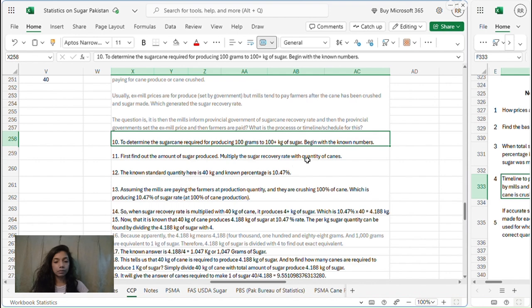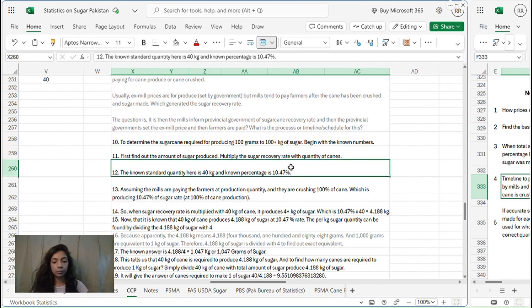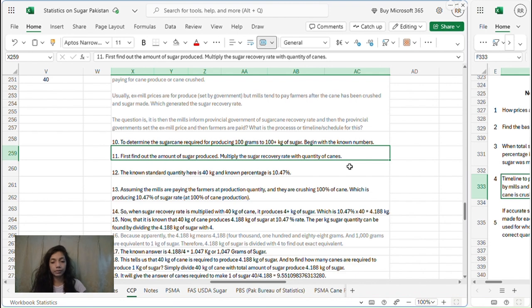First, find the amount of sugar produced by multiplying the sugar recovery rate with the quantity of cane. Let's say the sugar recovery rate is known to be 10.47%, for example, and you have 40 kg of cane.